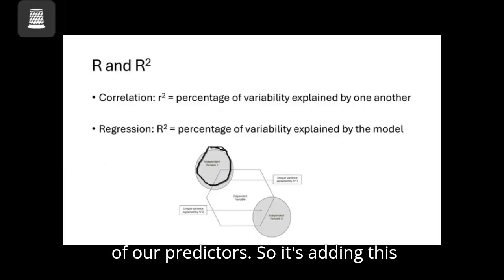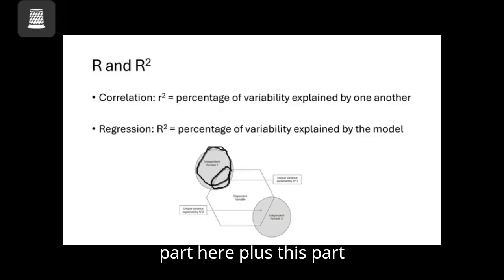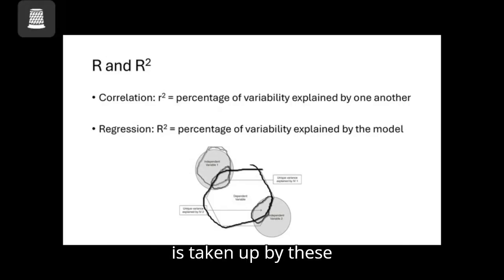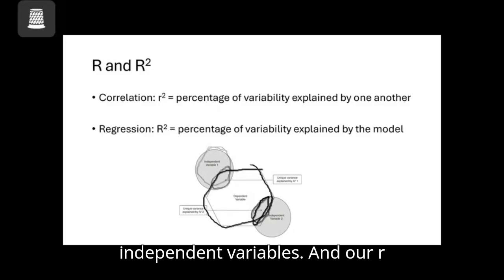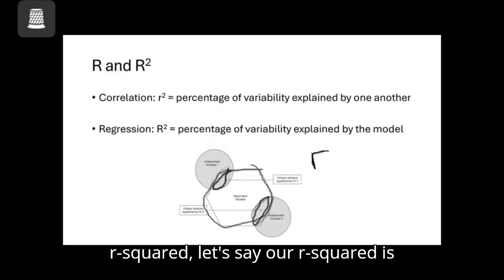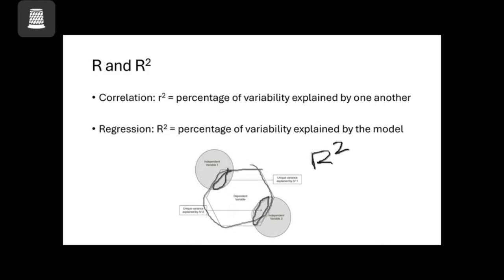So it's adding this part here plus this part here and saying how much of the variability in our dependent variable is taken up by these independent variables. Let's say our R squared is 0.432.